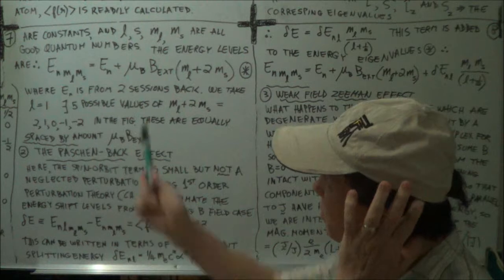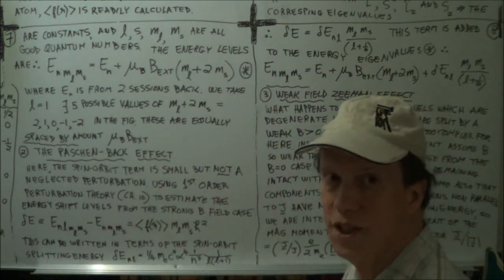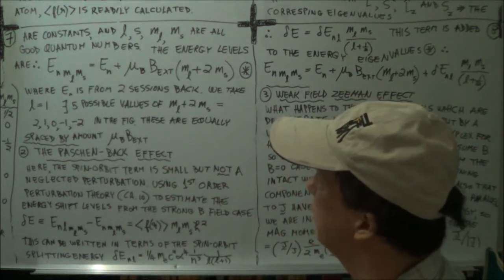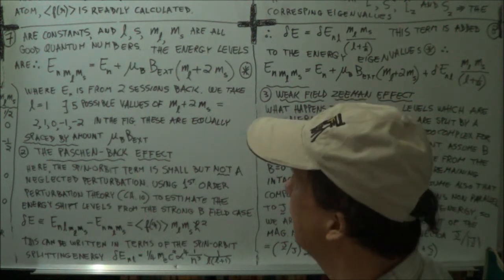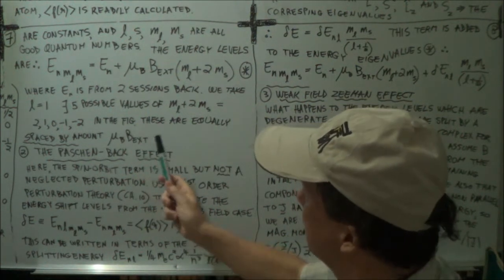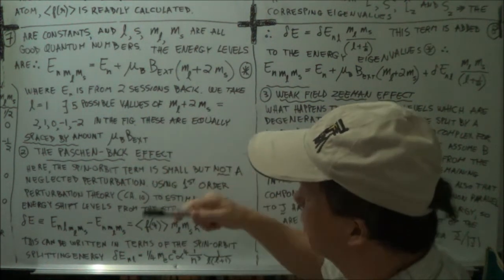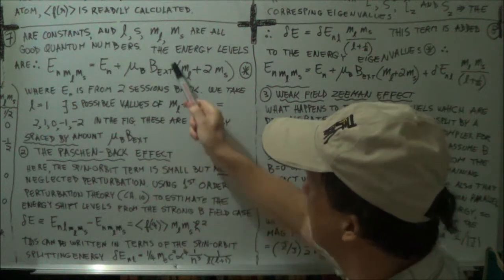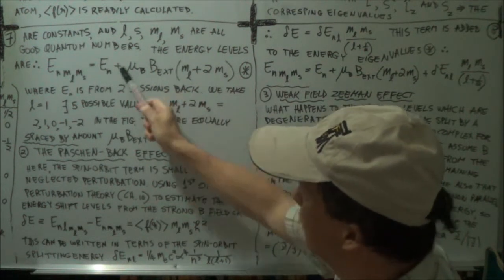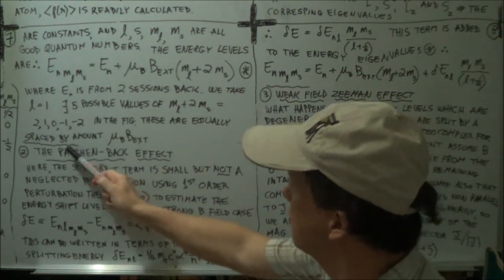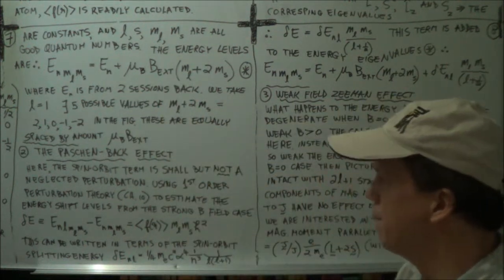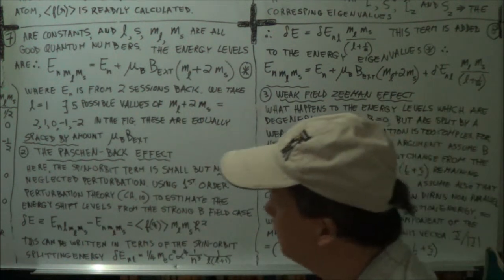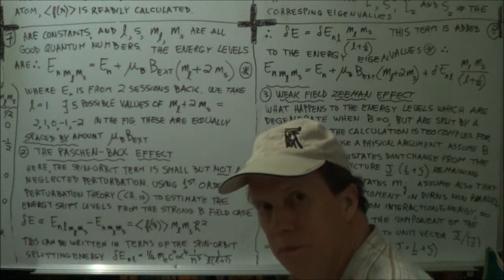So hopefully now you can go back and make more sense of it. Those energy gaps between those 5 levels are this amount. It's constant, spaced by this amount here. All right, so that's case 1 we've been talking about.